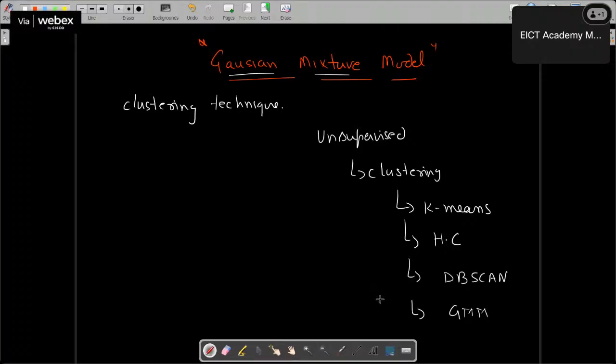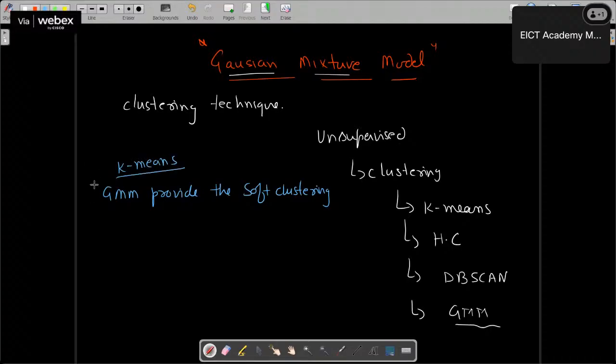The benefit of this GMM is it provides soft clustering. GMM is actually similar to K-means; K-means and GMM are almost similar, as we'll see in detail.